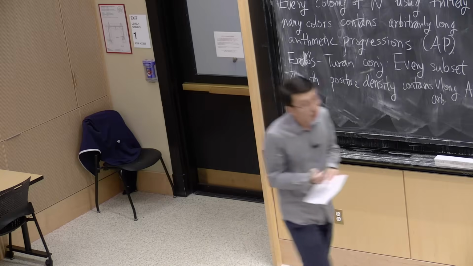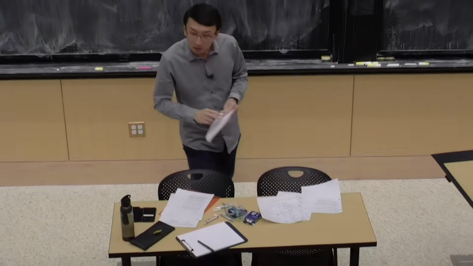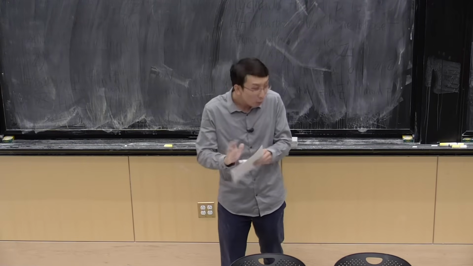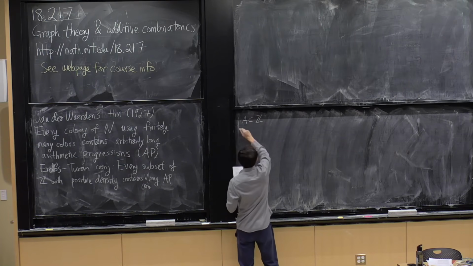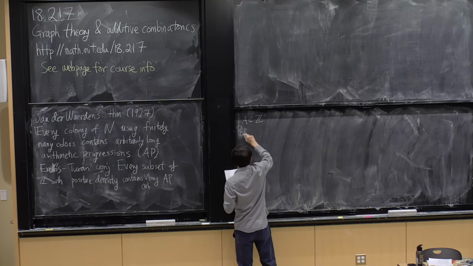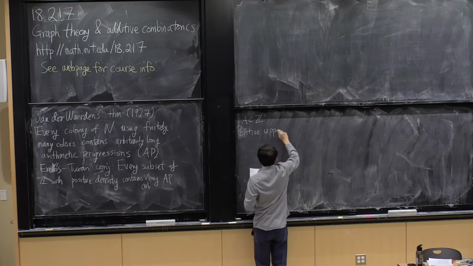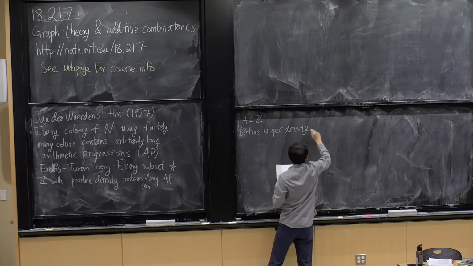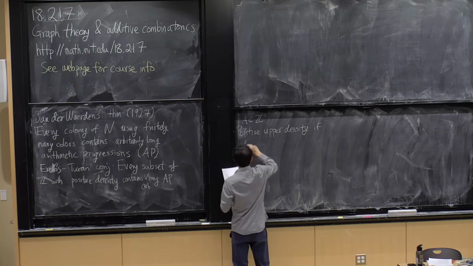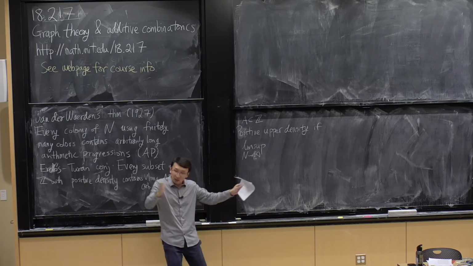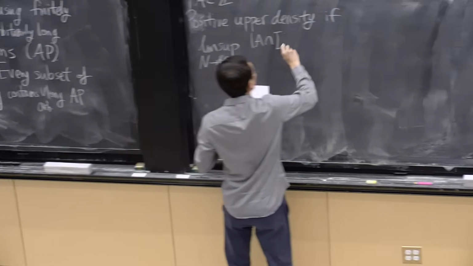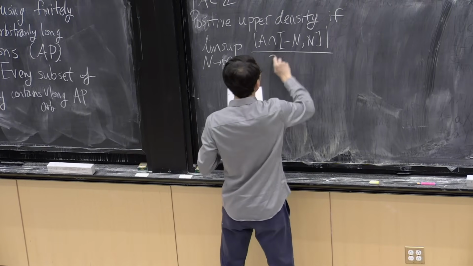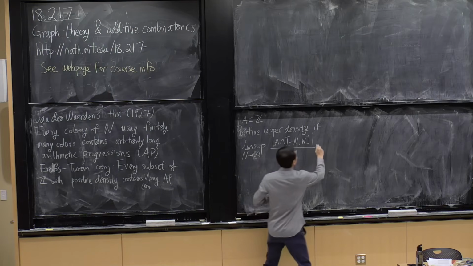You may ask, what does density mean? You can define density in many different ways, and it doesn't really matter that much which definition you use. But let me write down one definition. Given a subset A of the integers, we say it has positive upper density if, when we take the lim sup as n goes to infinity, looking at a scaling window and what fraction of that window is A, this limit sup is positive.